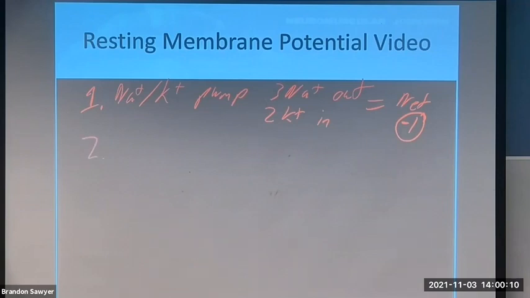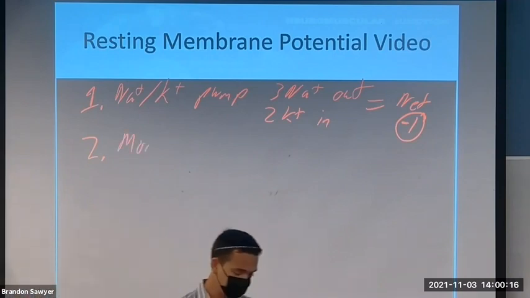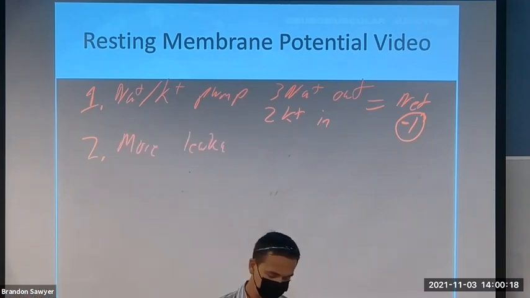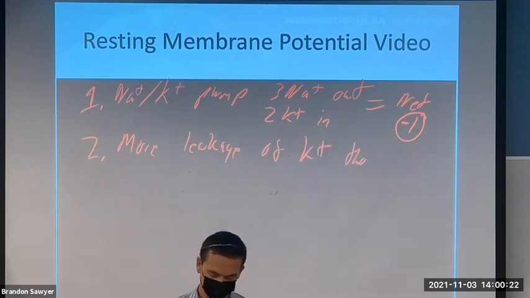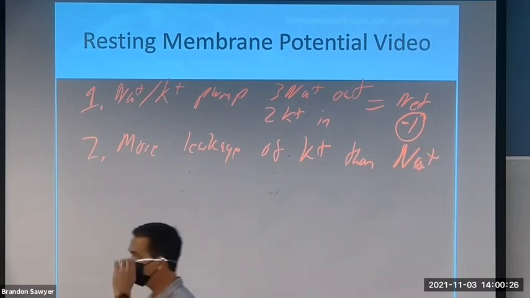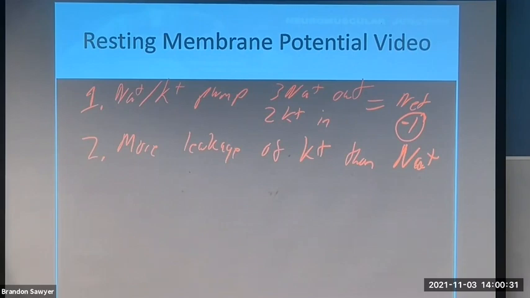So that's part of what contributes to resting membrane potential. Number 2, which the video showed so nicely, is that there's more leakage of potassium than sodium. When we talk about leakage, we mean ions are going to move from high concentration to low concentration.